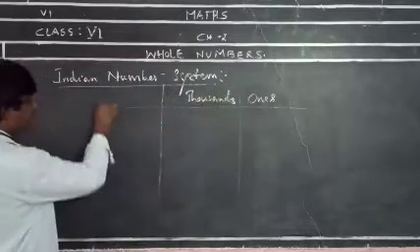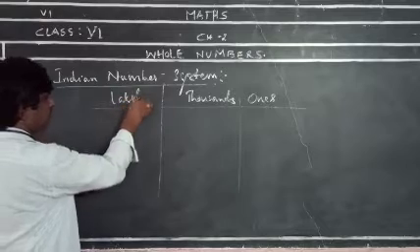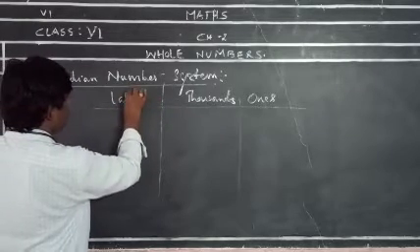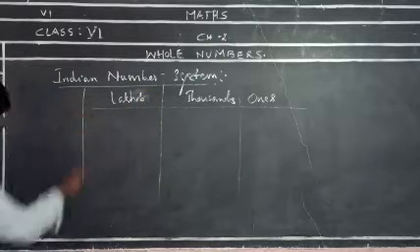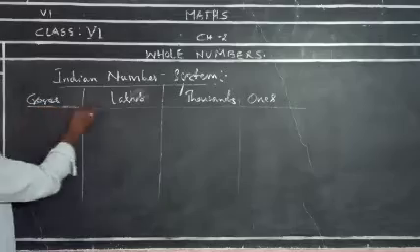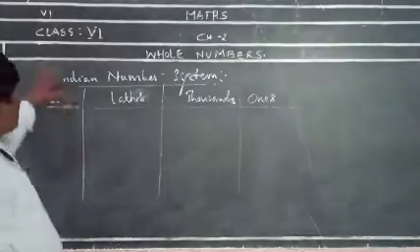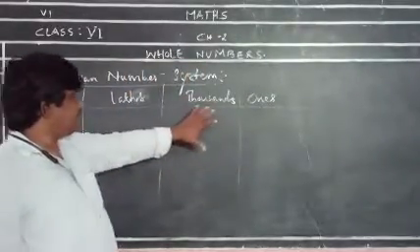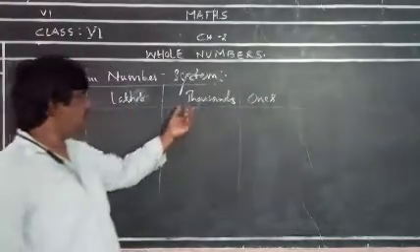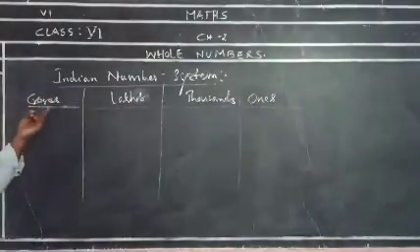Another one is the lakhs house. Another one is crores. So the Indian system consists of these houses: one is the ones house, another one is thousands, another one is lakhs, another one is crores.